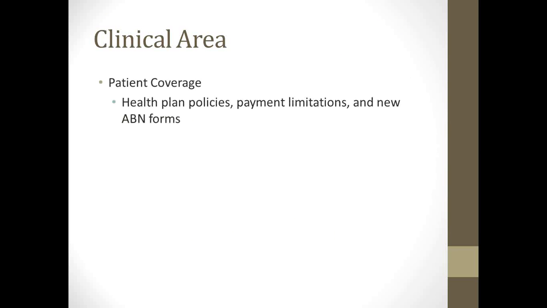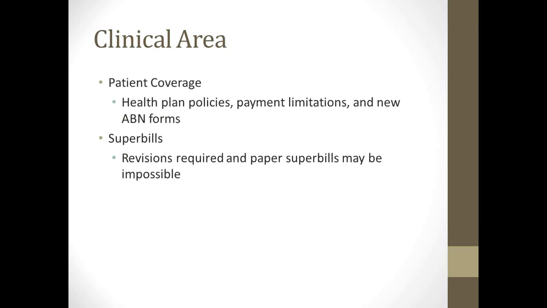In the clinical area, patient coverage, health plan policies, plan payment limitations, and new ABN forms are going to have to be created. In super bills, revisions required in paper super bills might be basically virtually impossible. Right now, within most super bills, you put your top codes that you use. Well, considering you're increasing your diagnosis codes, your most common diagnosis codes will also go up as well.